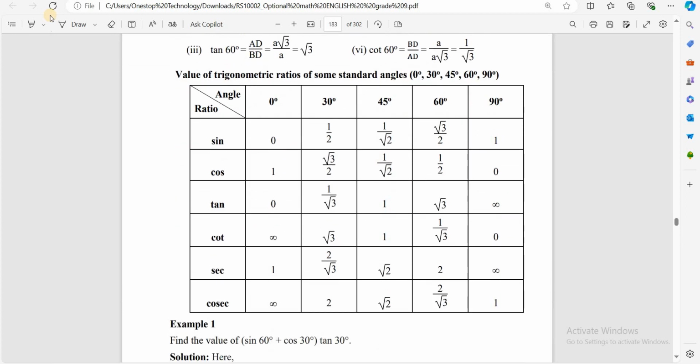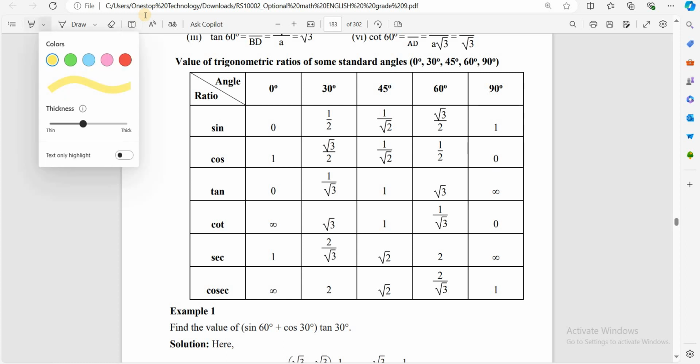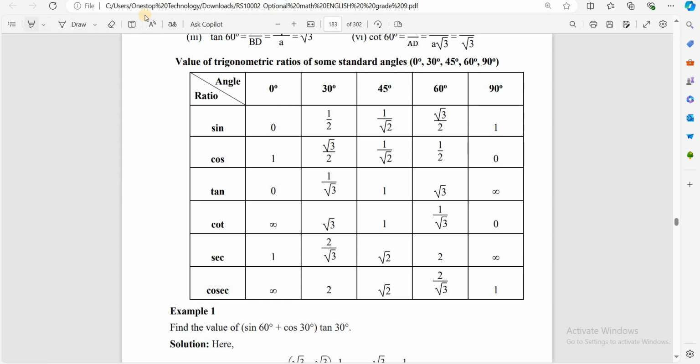Now we have this trigonometric ratio formula for standard angles. This is important throughout OPT maths and maths time period, from your class 9 to class 12 and beyond. So try to memorize this.